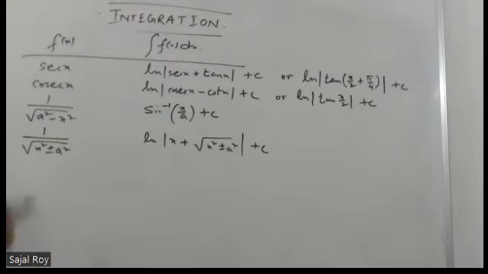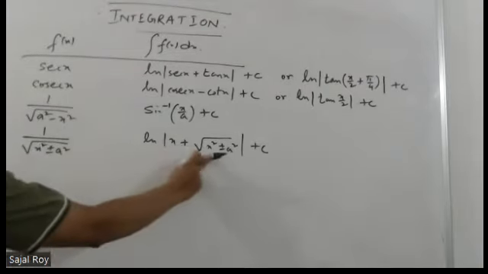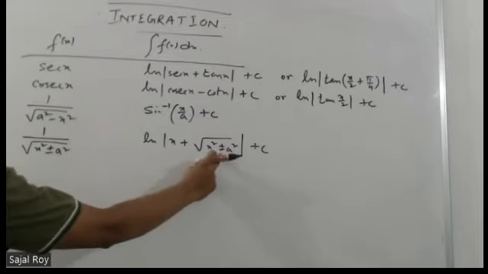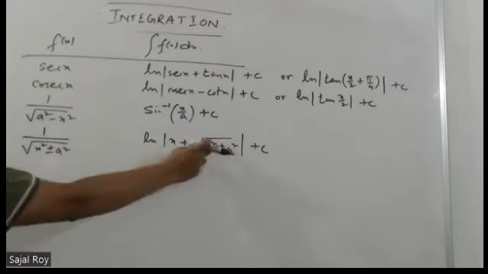1 by root over x square plus minus a square, that is ln x plus root over x square plus minus a square. If it is a plus, you have to give plus.